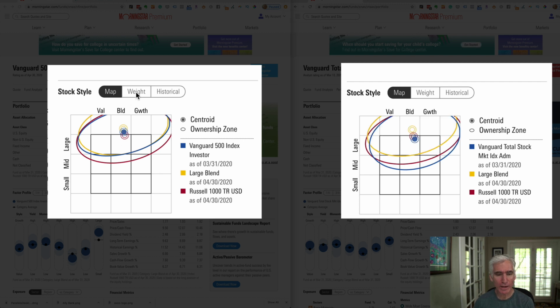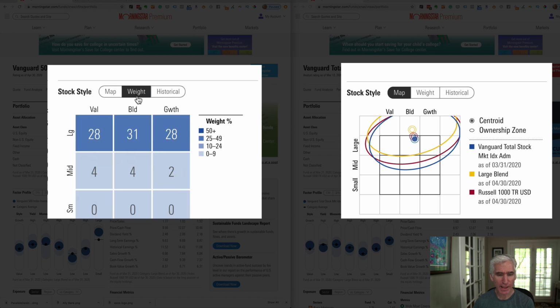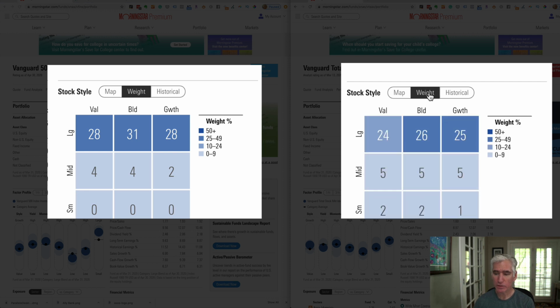Well, this is where the weight view comes in handy. Remember, the S&P 500 doesn't have any small cap, but if we go over the total stock market, well, it does. It's got not a huge amount, but 5% in small cap. And the mid cap jumps from 10% for the S&P 500 index fund to 15% for the total stock market index fund.